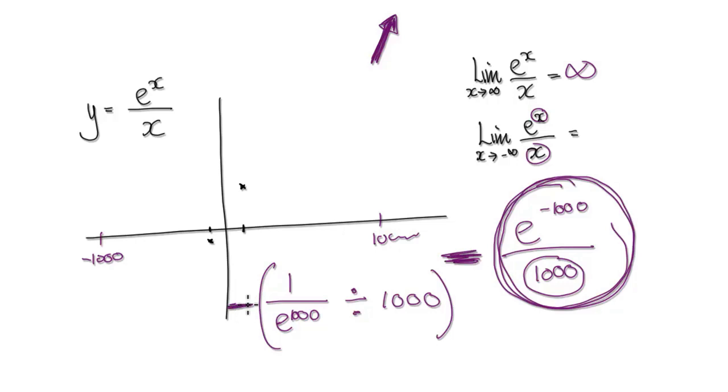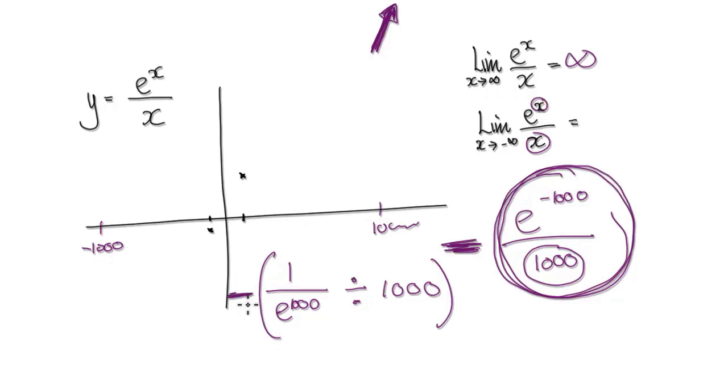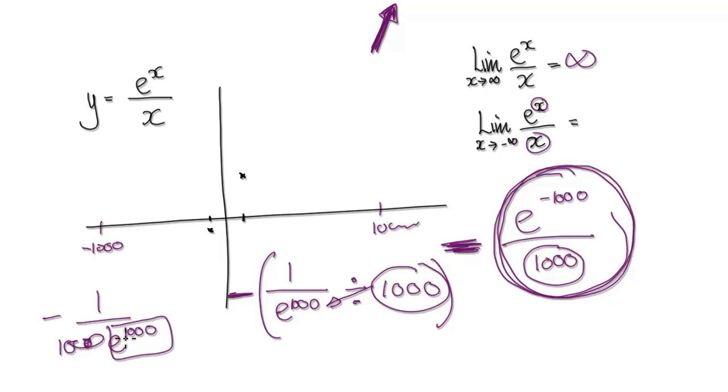Now you've got a fraction, and then you're dividing by a whole number, so it gets multiplied to the bottom. So that will then give you -1 over 1000 times e to the power of 1000. So this is going to be big times 1000, so the denominator is going to be very, very big.